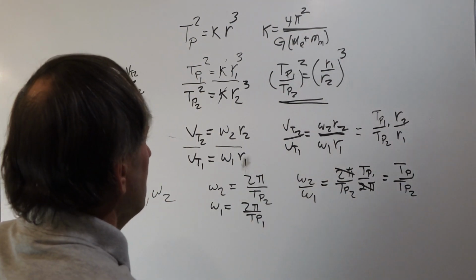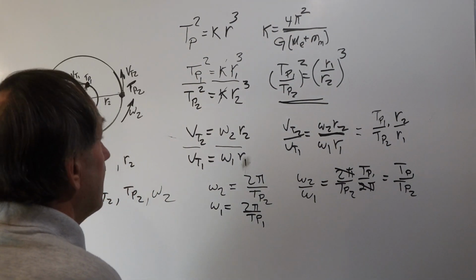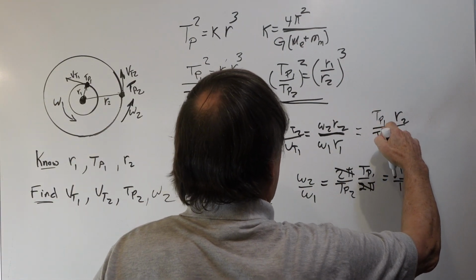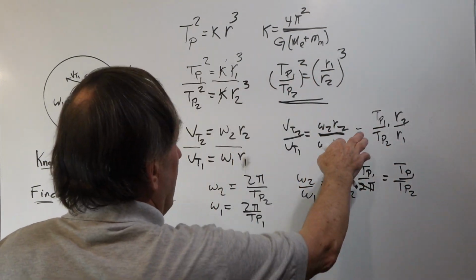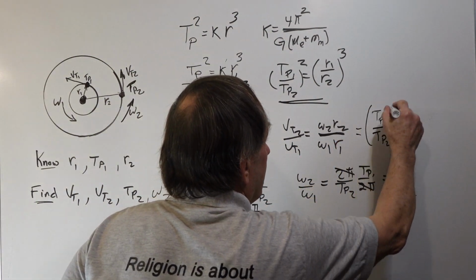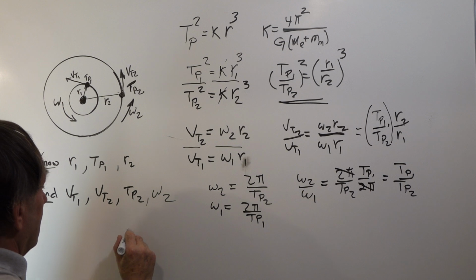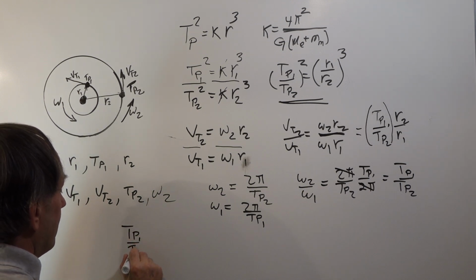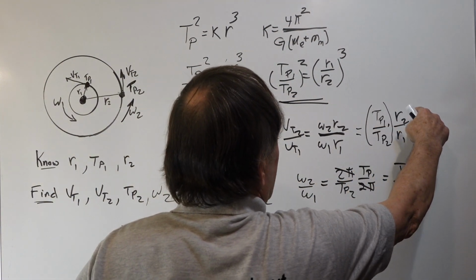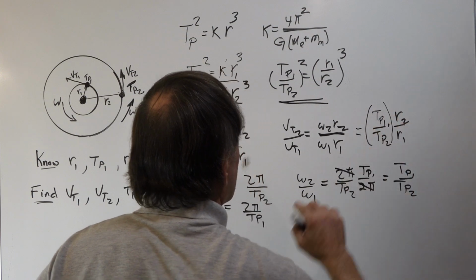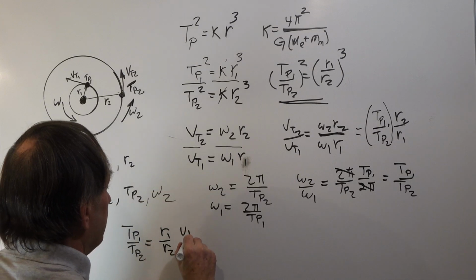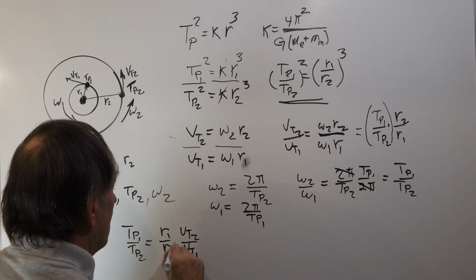Now what we're going to do is eliminate the periods in this equation. So I'm going to rewrite this equation and isolate TP1 over TP2. To do so, we just cross multiply. We multiply both sides by R1 over R2, so it cancels there. So in here we have R1 over R2 times VT2 over VT1.